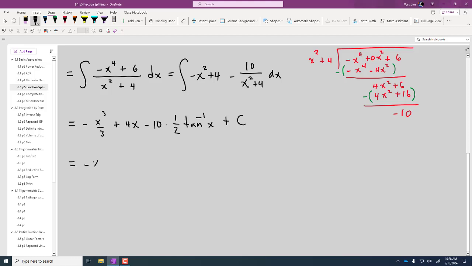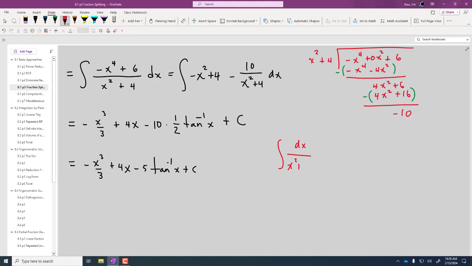Any step there that we could pull over that inverse tangent, in case that's not making 100% sense? So we have the inverse tangent integral. If we have dx over x squared plus a squared, that's going to be 1 over a times inverse tangent of x divided by a, plus c.